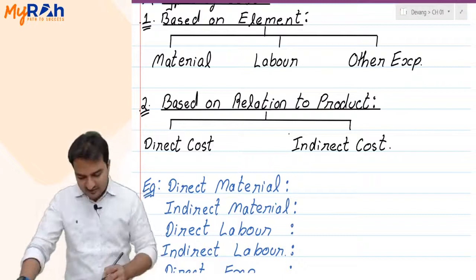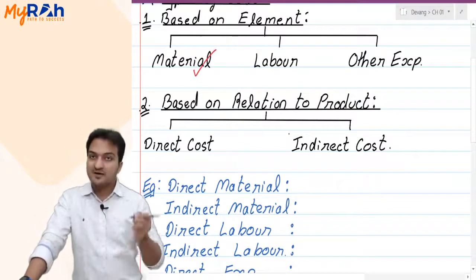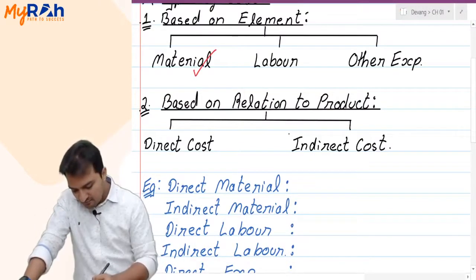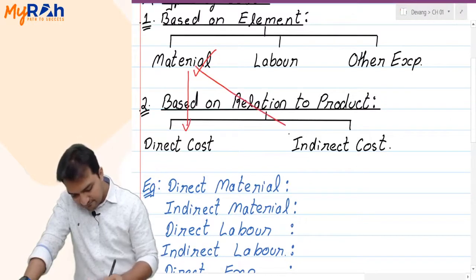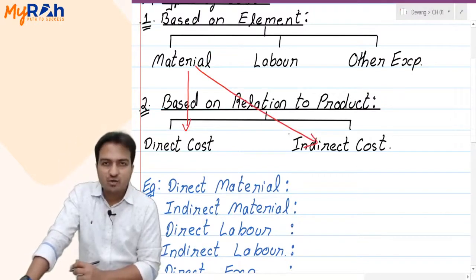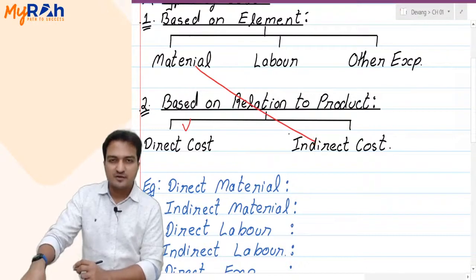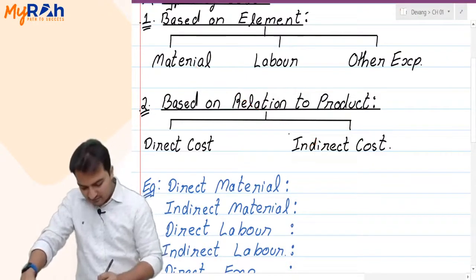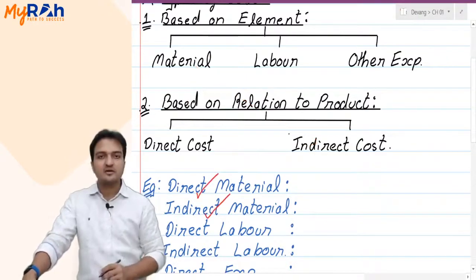Look, material is one classification here, but this classification can be further divided into direct cost and indirect cost, or more likely direct material and indirect material.